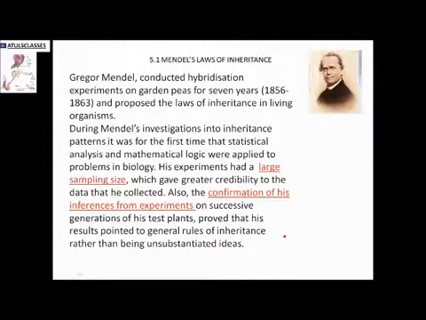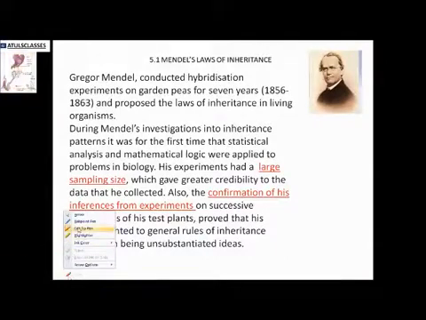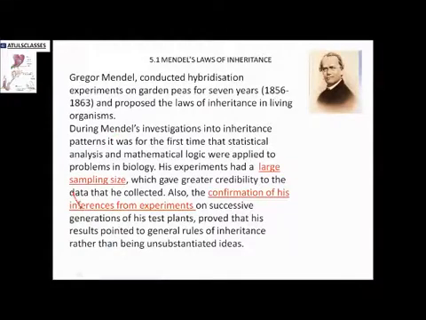The chapter is mainly based on Mendel's laws of inheritance. Mendel stated his laws with the help of experiments called hybridization experiments. He used garden peas for 7 years and proposed these laws.